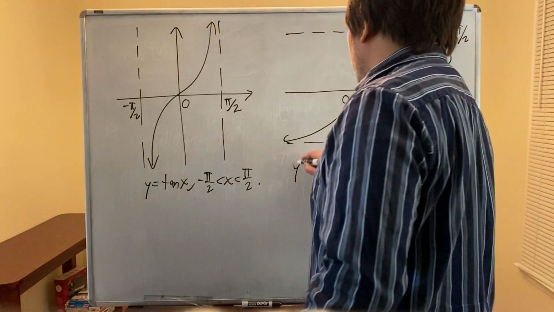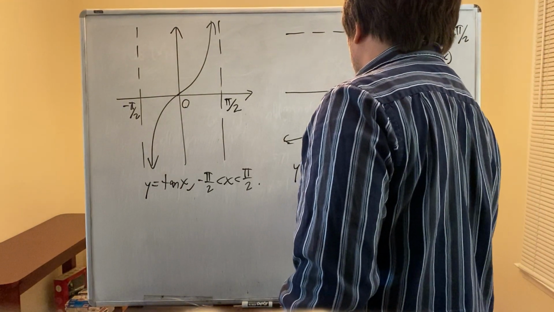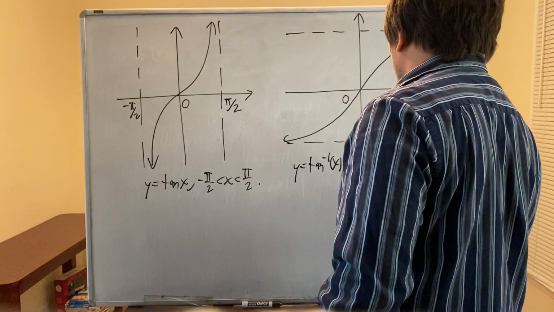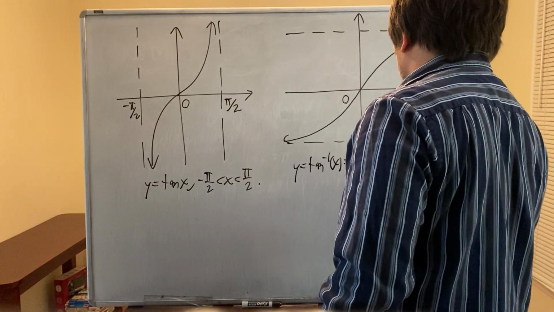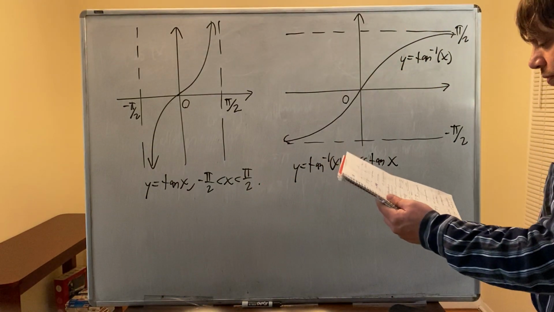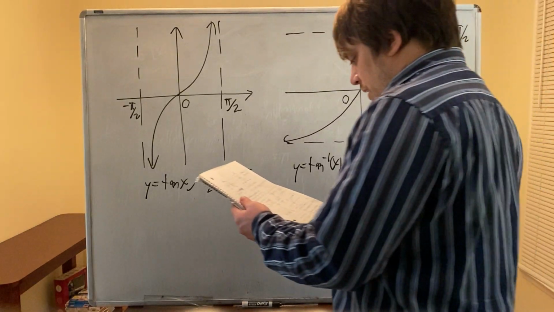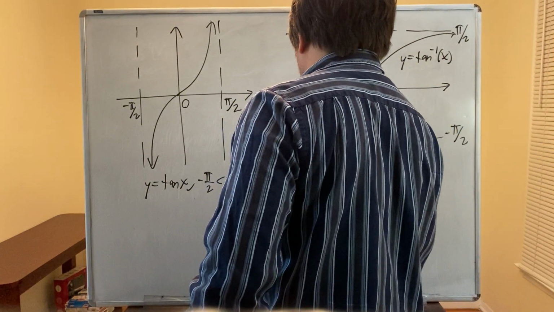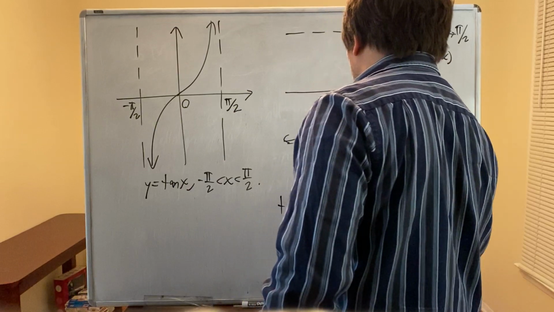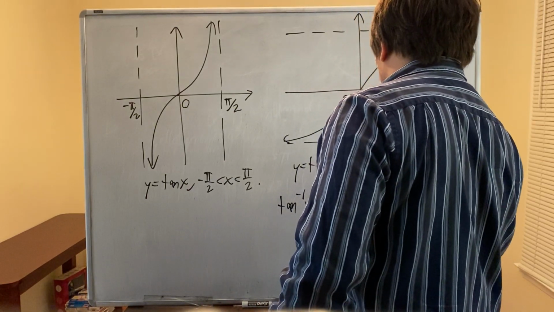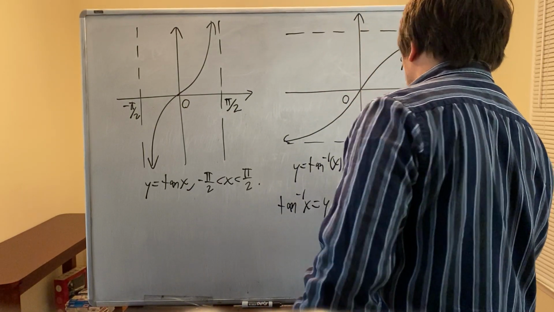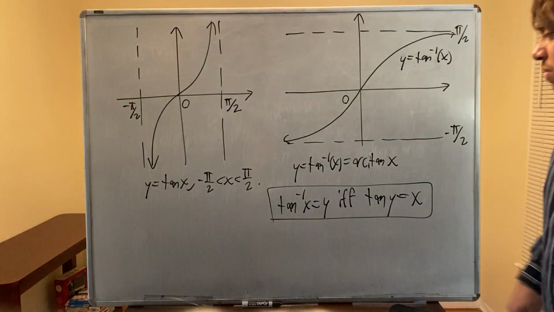Okay, and so this is the graph of y equals tan inverse of x, which is another name for it is arc tan x. Okay, and tan inverse of x is defined by the statement tan inverse x equals y if and only if tan of y equals x. Tan inverse is the inverse function of tan.